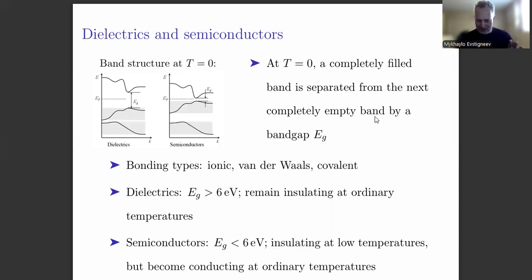So now the main message of this slide is that the Fermi energy in semiconductors and dielectrics is inside the band gap between two bands. The lower band is completely filled at absolute zero temperature. The upper band is empty.